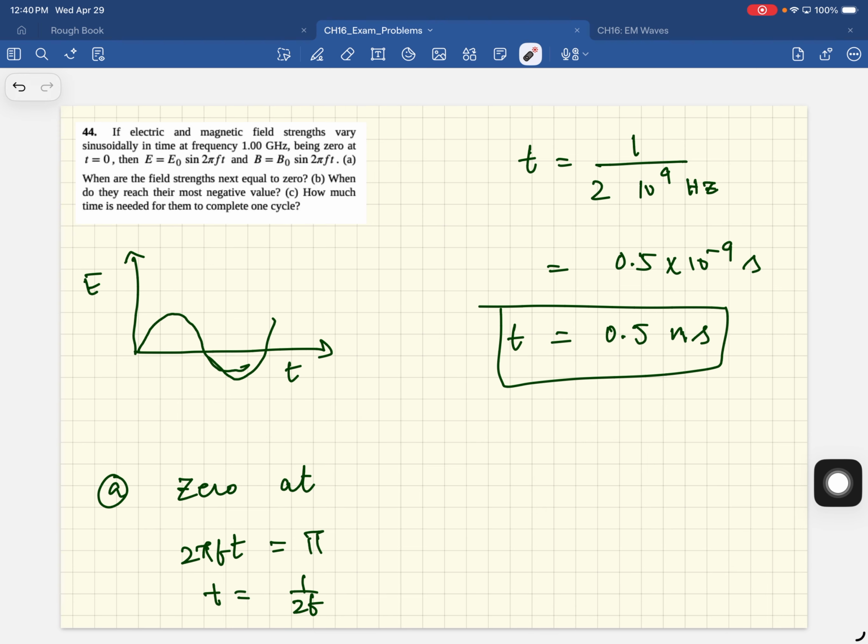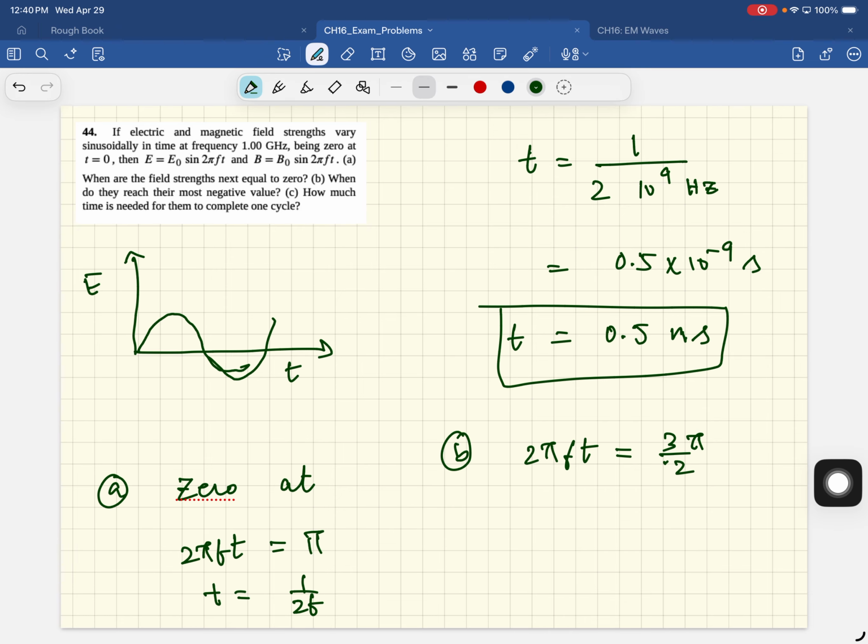When do they reach their most negative value? So this was 0, and they'll reach the most negative value at 3 pi by 2. So this is pi by 2, pi, 3 pi by 2. So 2 pi f t equal to 3 pi by 2.